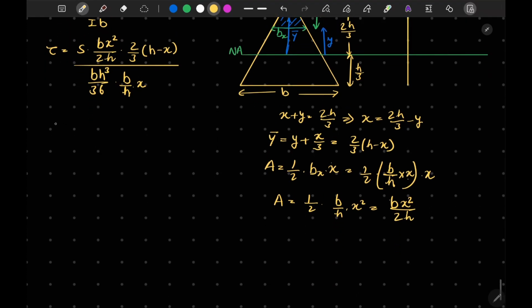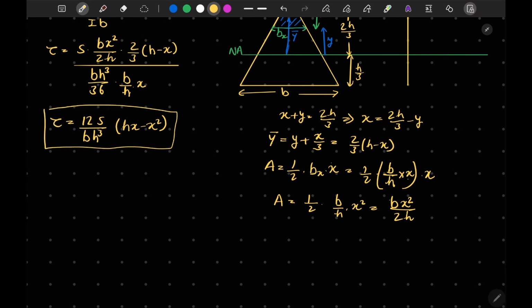Now if we solve this, we will obtain our value of tau is equal to 12 S upon b h cube times of hx minus x square, okay. And of course this equation is also a parabolic equation, okay.